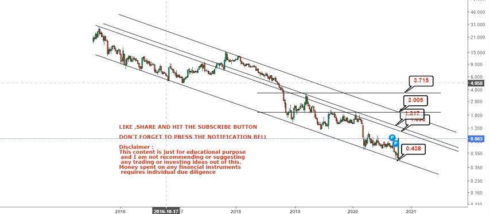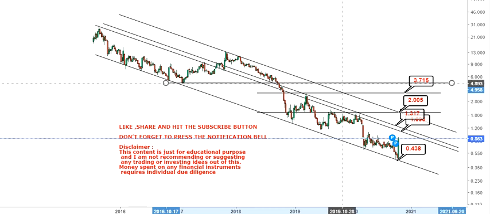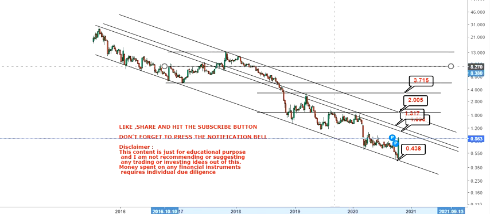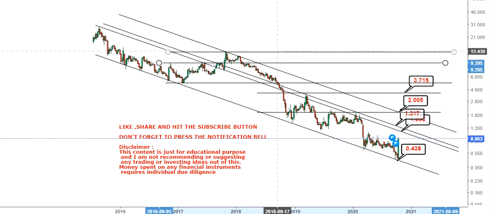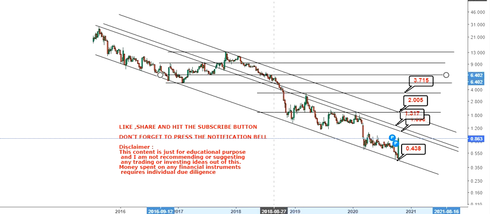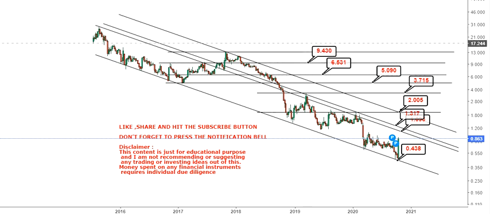Now above 3.7 we will have our next resistance or target. Above 3.75 we have $5, and after that we have 6.5, probably 9.4, and finally $13.